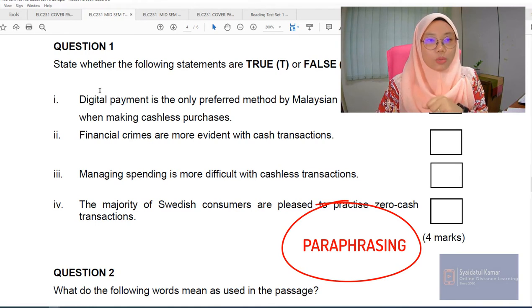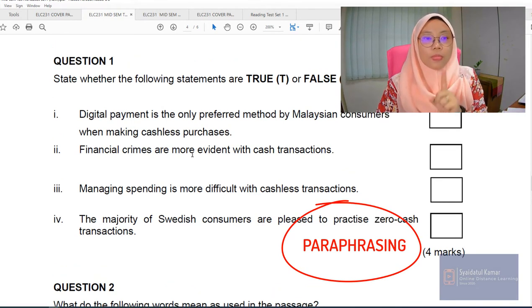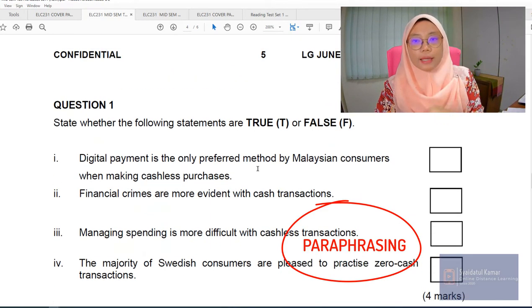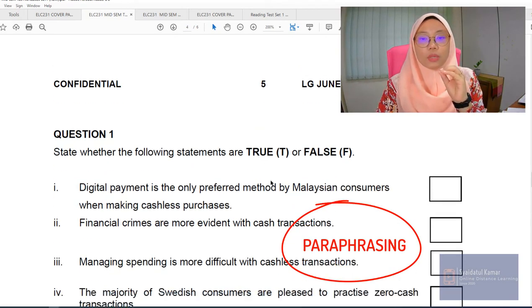So for question number 1, it is a paraphrasing question. They already paraphrased the statement for you, and they want to see whether you are able to understand or get the message or not.